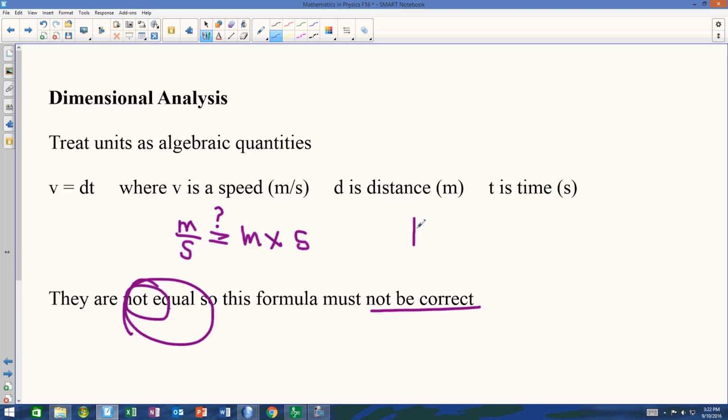So if I have something like 15 meters times 2 seconds, my mouse is getting jumpy. What does that give me? It gives me 30 meters seconds. Okay, that doesn't make sense. So I'd be like, what? What happened here?